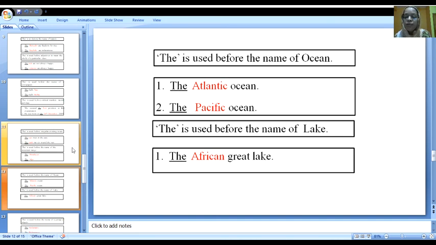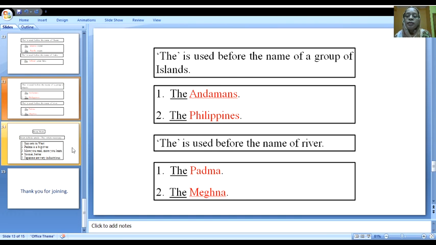The African Great Lake. Then come to the next rule. The is used before the name of a group of islands. The Andamans, the Philippines. They are group of islands, not a single island. Then the is used before the name of river, like the Padma, the Meghna.